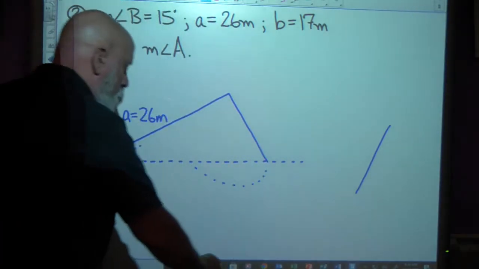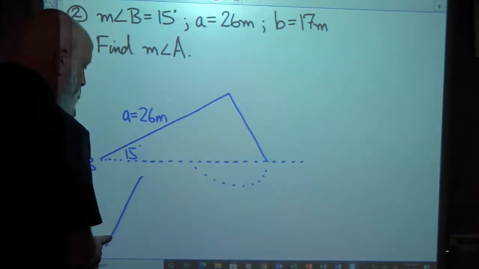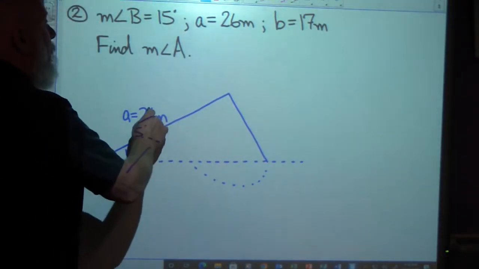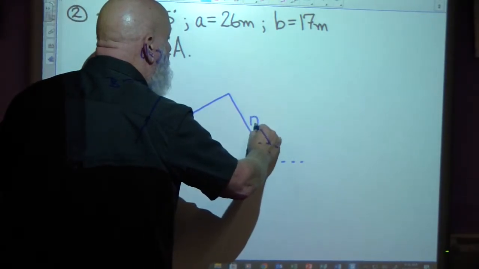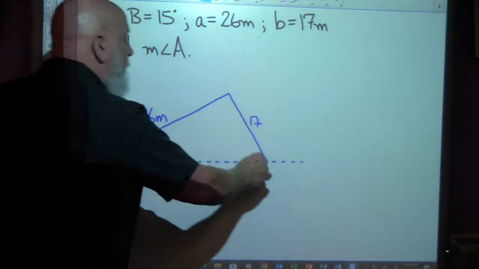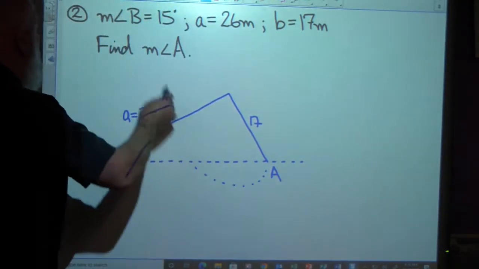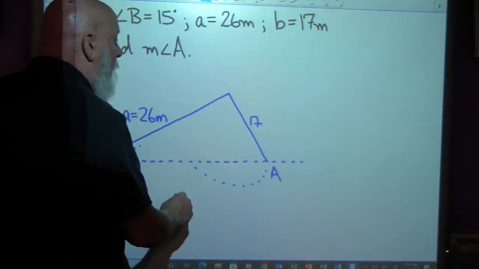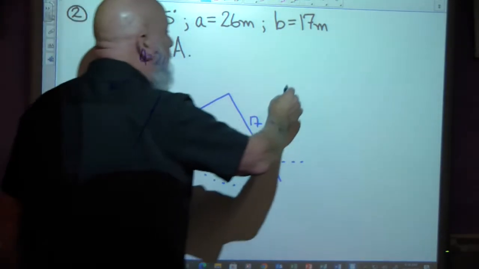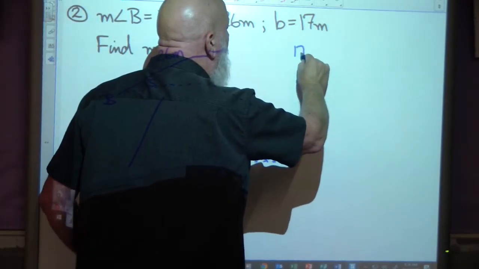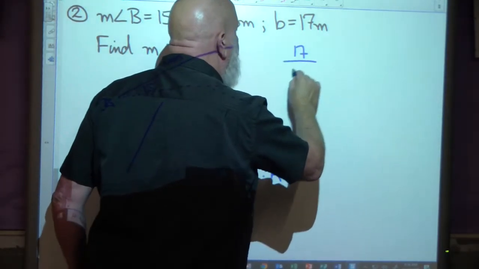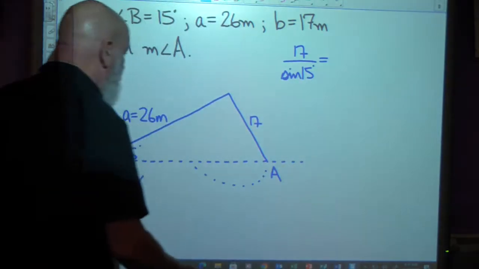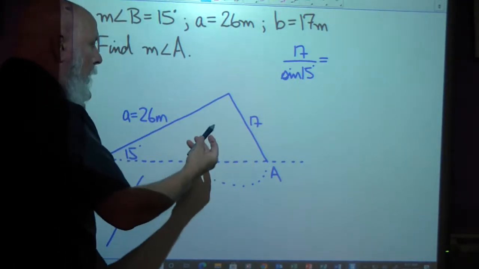Solving. 15, 26, 17. A is 26, that makes this A right here. And I'm looking for the measure of angle A. So looking at this triangle using the law of sines, 17 is to the sine of 15 degrees as 26 is to the sine of A. Law of sines.